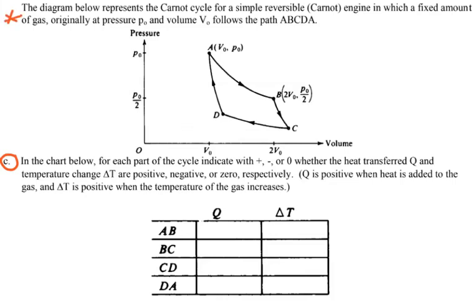The diagram below represents the Carnot cycle for a reversible Carnot engine, in which a fixed amount of gas, originally at pressure P sub 0 and volume V sub 0 at point A, follows the path A, B, C, D, A.